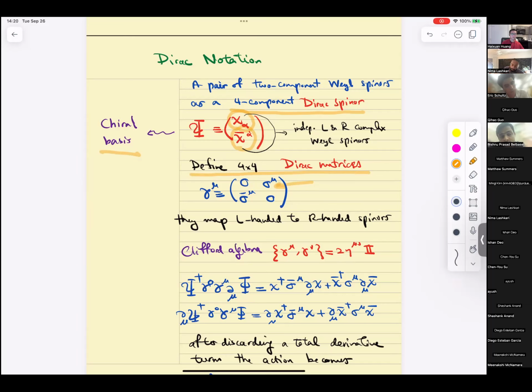Here, if you're working with the Dirac spinor, because you have a left and right complex pair at the same time, you could package them in terms of 4x4 matrices called Dirac matrices. These have the 2x2 sigma mu in the upper off-diagonal and sigma bar mu in the lower. Dirac matrices map left-handed to right-handed spinors because they're on the off-diagonals.